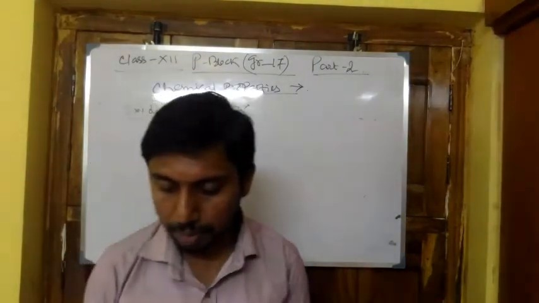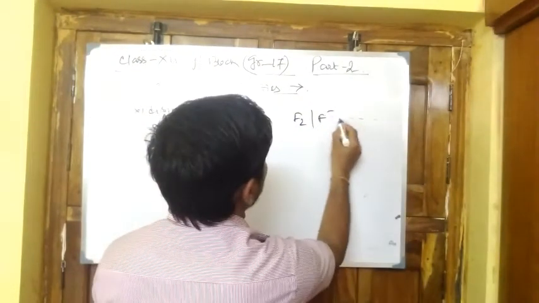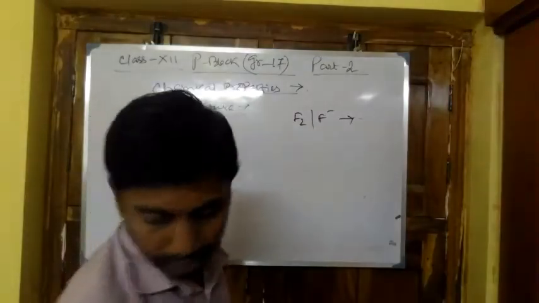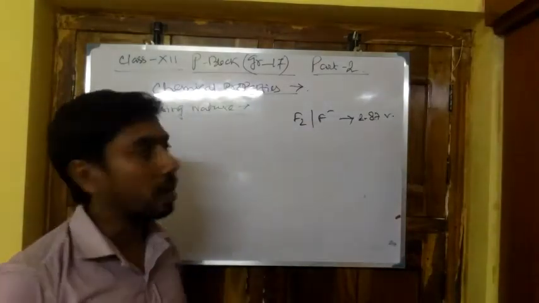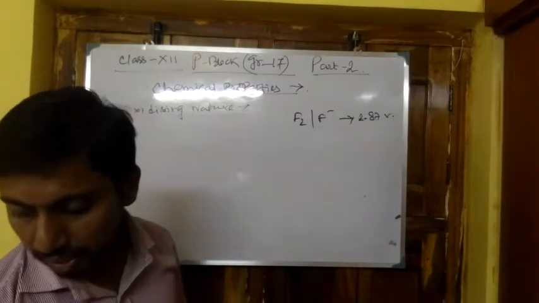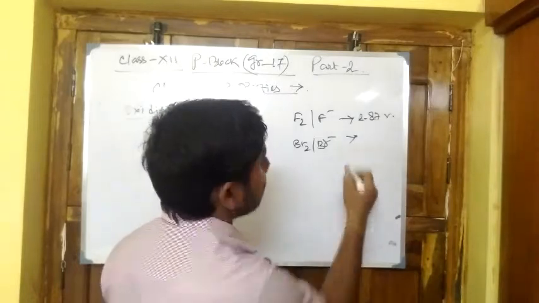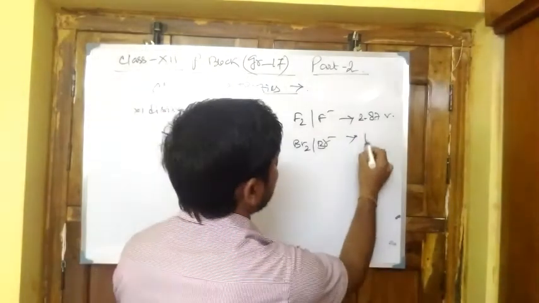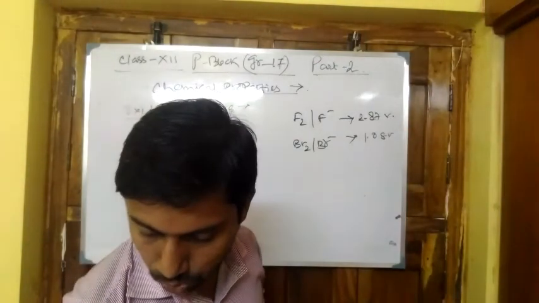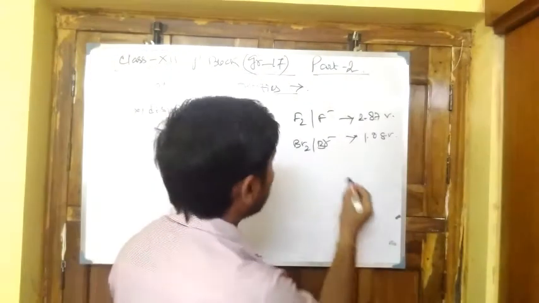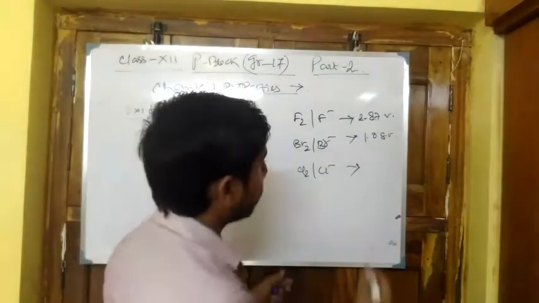Fluorine has the value of F2 to F minus equal to 2.87 volt, and if we follow the values of the reduction potential, there is a decreasing trend. Cl2 to Cl minus goes with 1.36 volt, and Br2 to Br minus has the value of 1.08 volt.